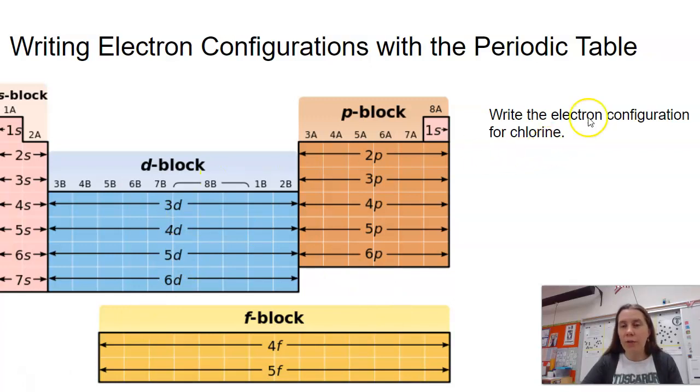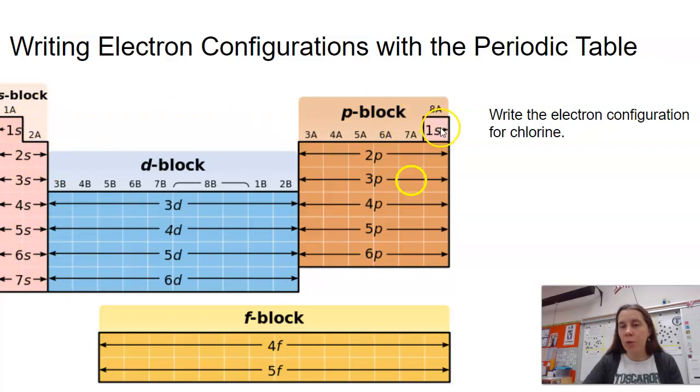Okay, so if we find our element on the periodic table, so we're doing chlorine, it is located right here. So we should know, looking at this, that the last electrons we'll put into chlorine will be in the 3p sublevel. So we can start at the top, always starting with 1s, and fill in the electron configuration just using the periodic table.